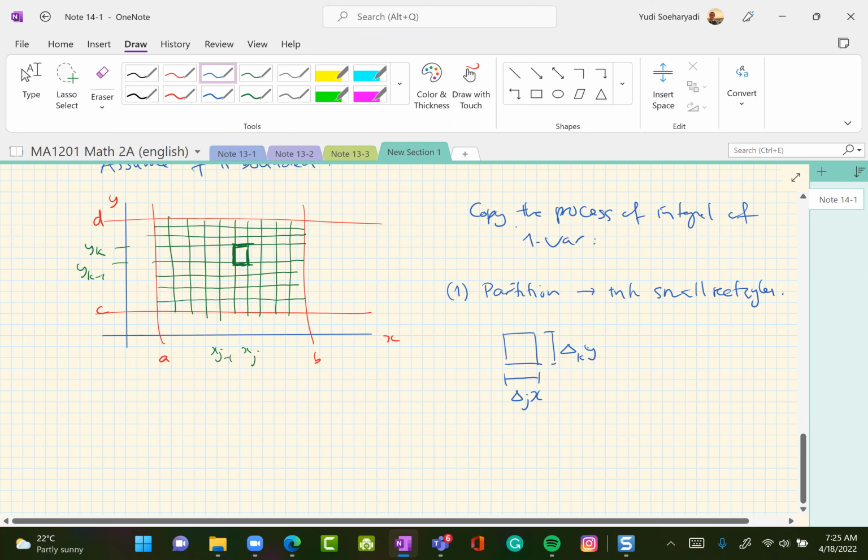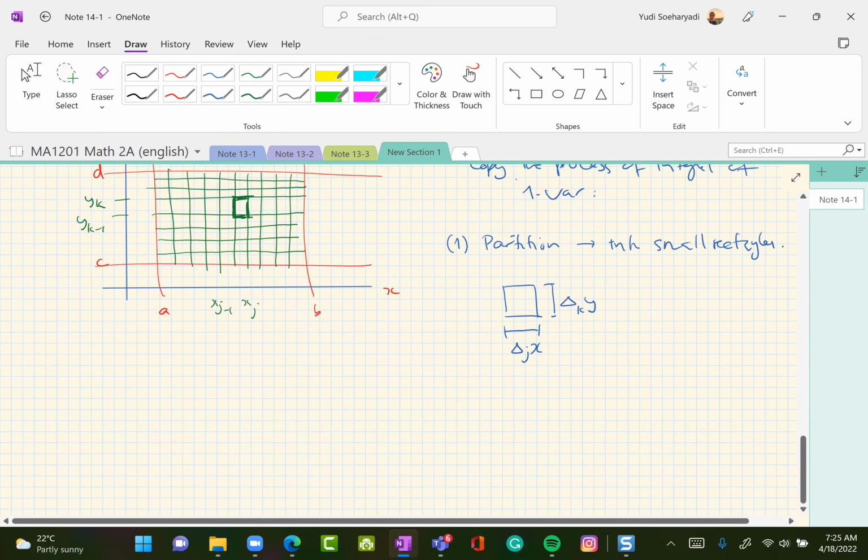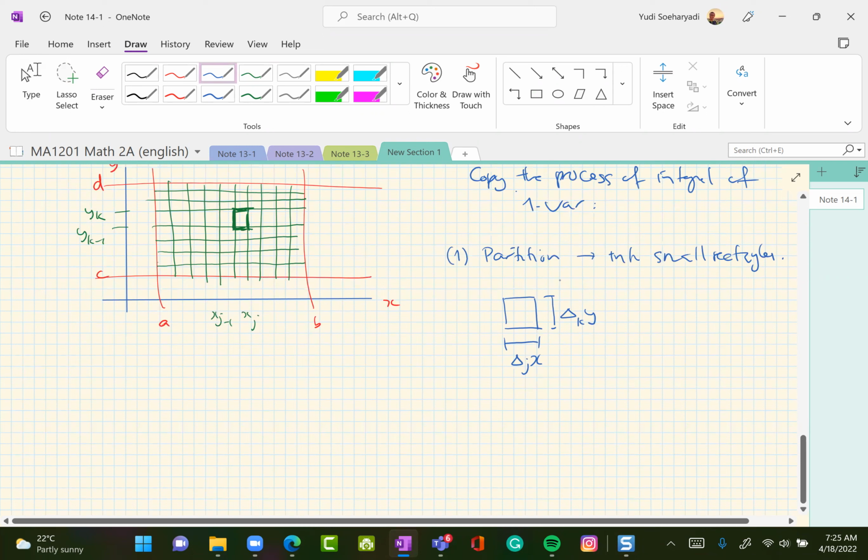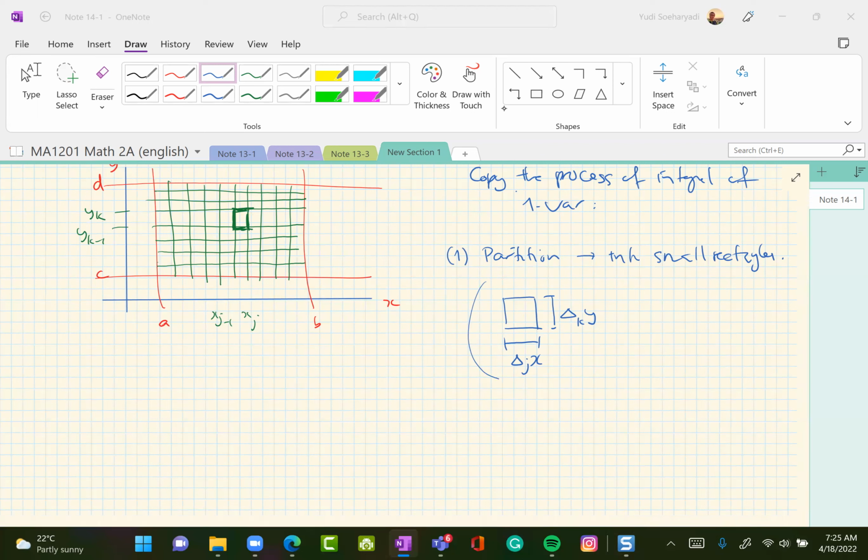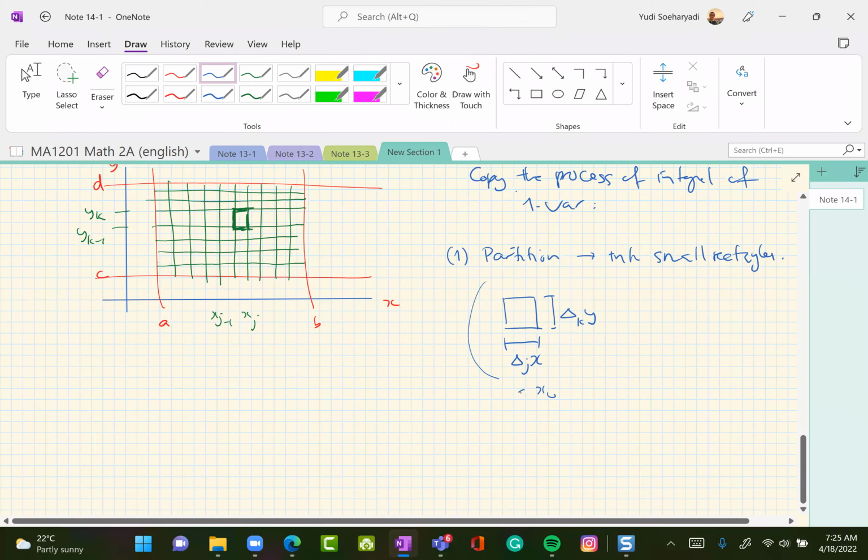Okay, so that's one. Okay, so this is the partitions. So for x, and for y, 1y, 2y, say ym is d. So this is the partitions.